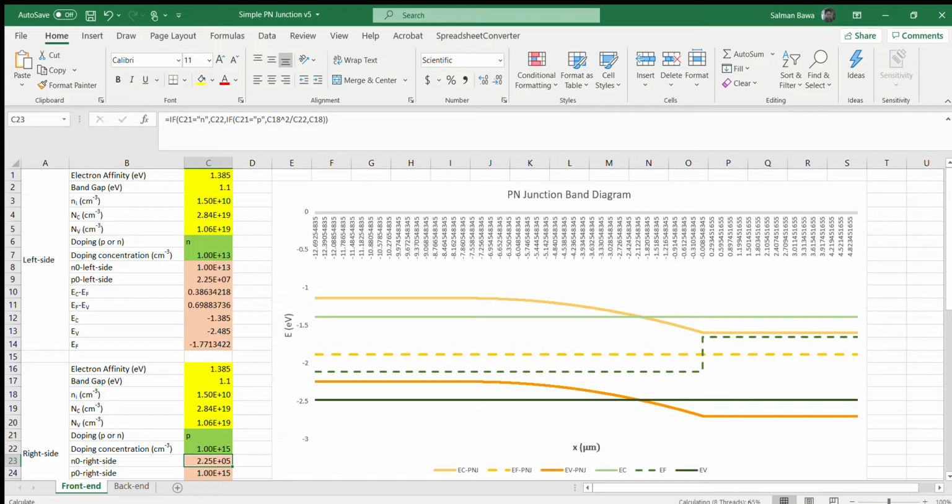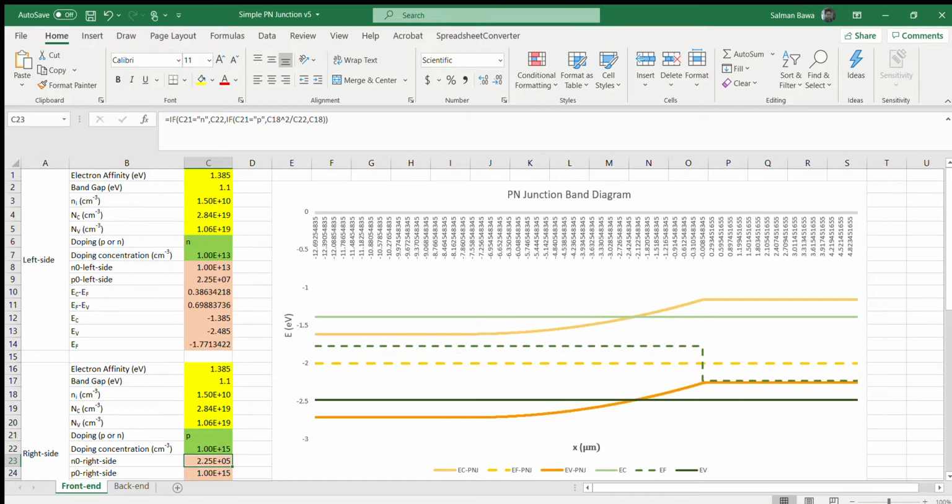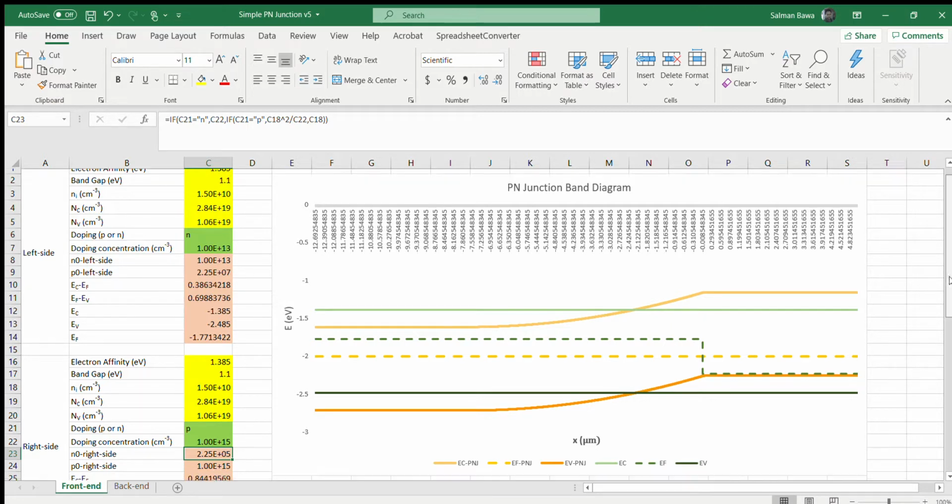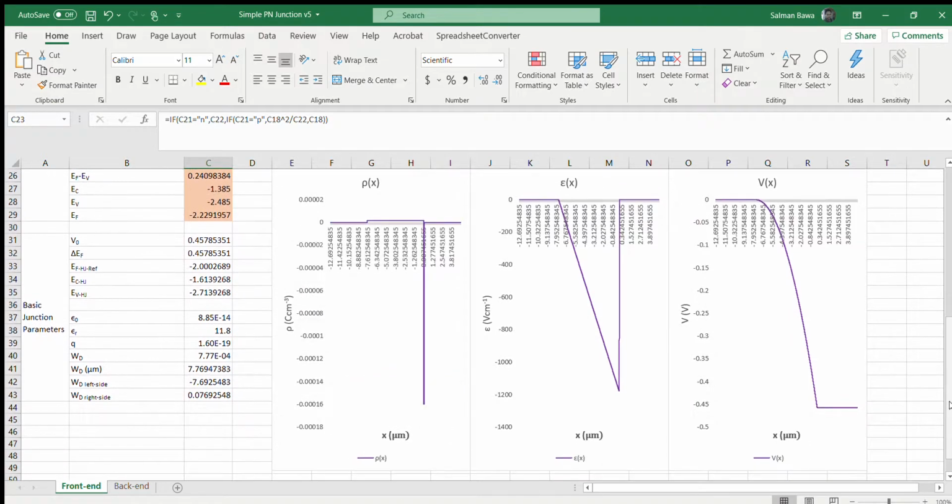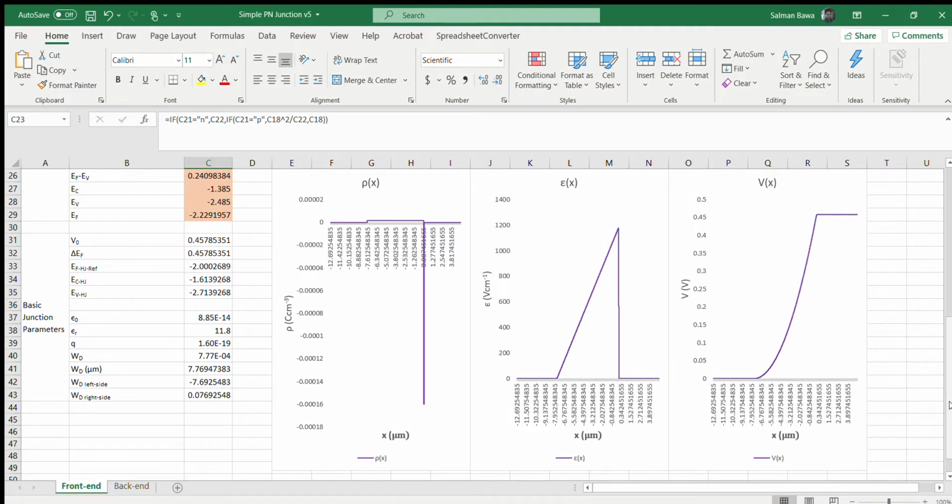It takes some time. And then once it's done, you'll see the change take place in the graphs. There we go. And the same is reflected in the graphs of the charge density, electric field, and the potential.